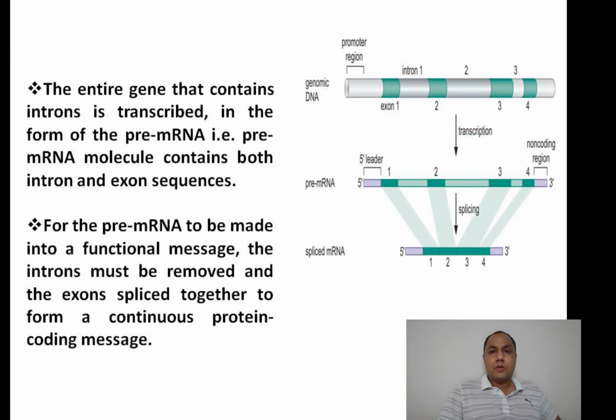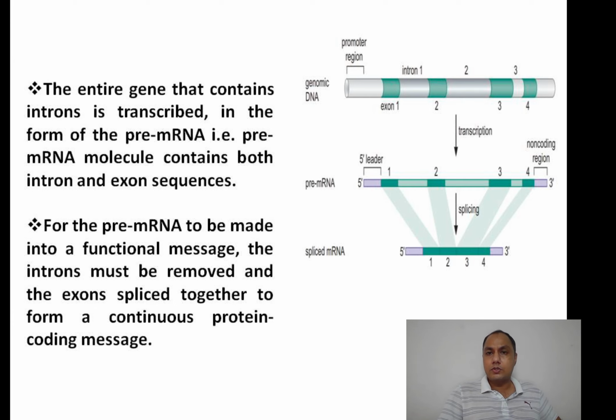So we have noticed that introns are interruptions in the coding region. What is the requirement? They must be removed while specifying a protein. There are two possibilities for removal: within the gene, they can be removed, or they are transcribed and removed from the transcript. This latter pathway has been selected by nature.